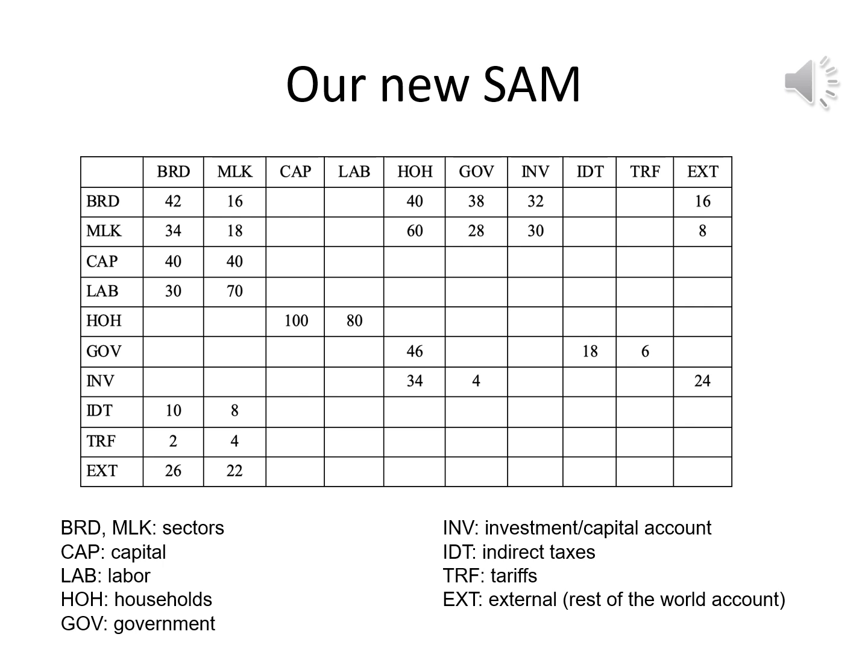If you look at the cap and lab rows, these are basically total capital income, total payments, total receipts for capital, and total receipts for labor, or total profits, or total wages, if you wish, for the row sums. For the household row, the sum is the combination of capital and labor income, which means total household income in this case.